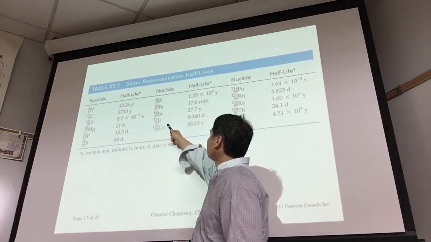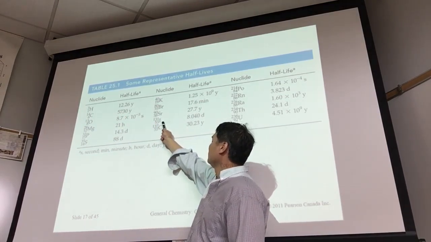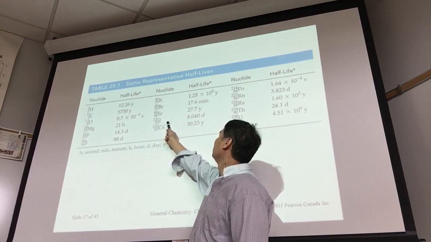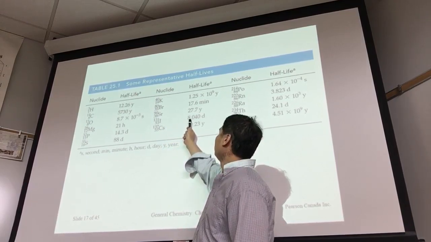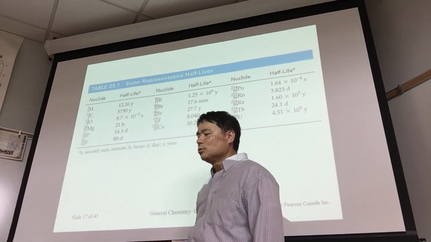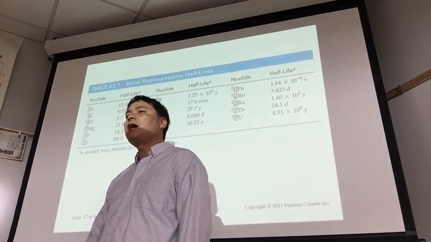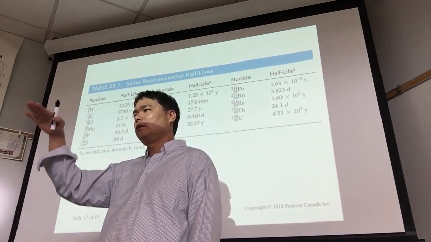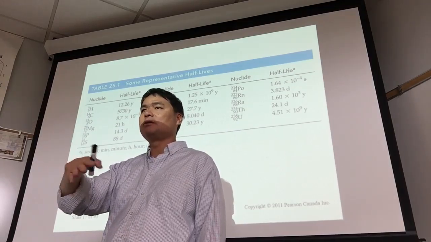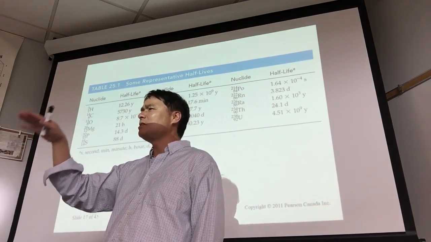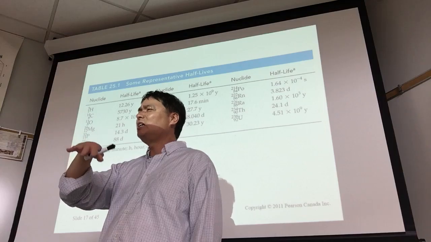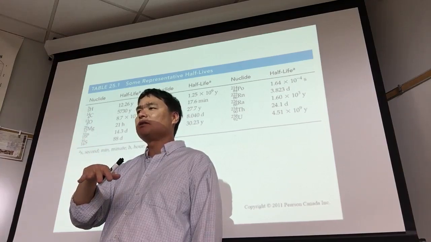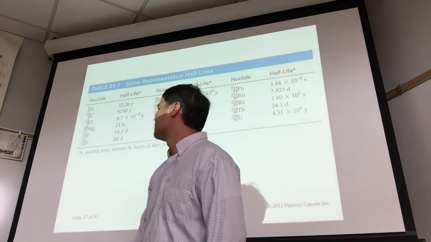Anyway, going back to this, iodine is a very important one because a lot of iodine was released at Fukushima. Iodine has a half-life of 8 days. There's a rule of thumb: it takes 5 times the half-life for the activity to drop to where you consider it done. 5 times the half-life is about 99.9% reaction, leaving 0.1%.